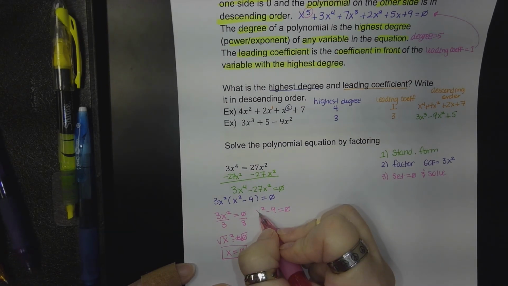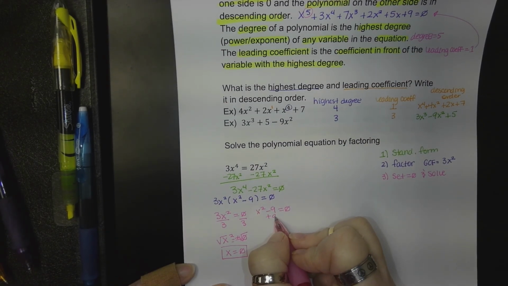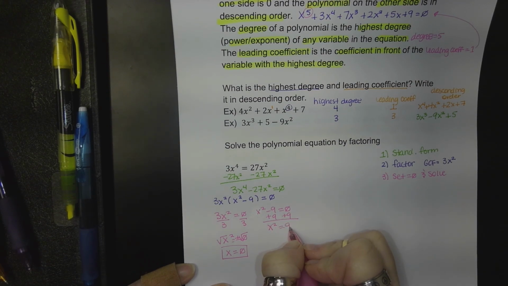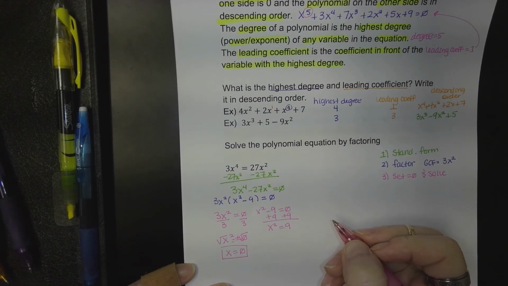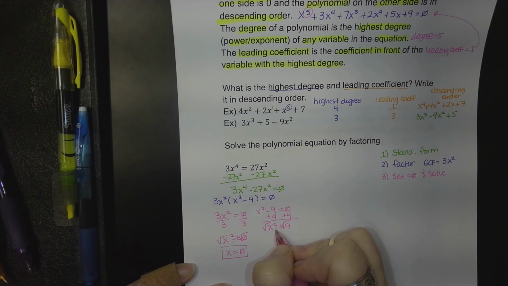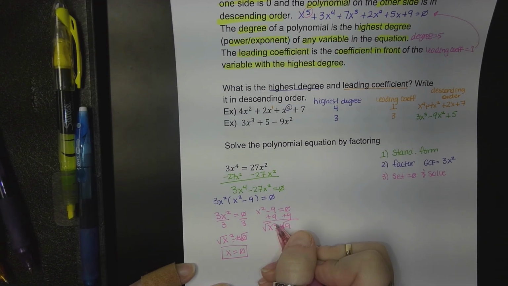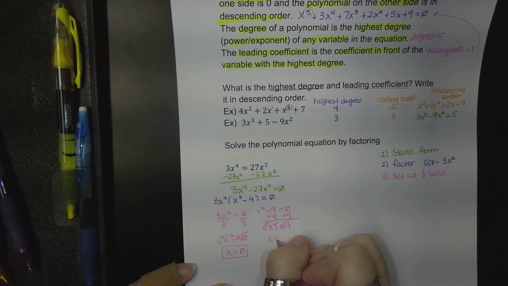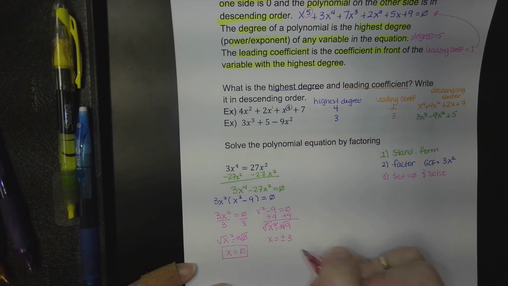All right, so we're going to add 9 to both sides. And then we're going to have x squared equals 9. Now, we're going to take the square root of both sides. Sorry about that. So, square root undoes a square, and we're going to have x equals plus minus 3.